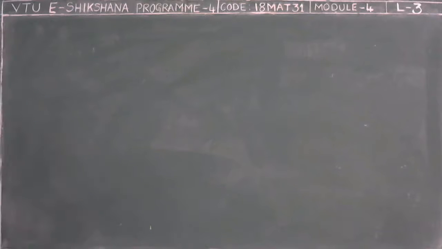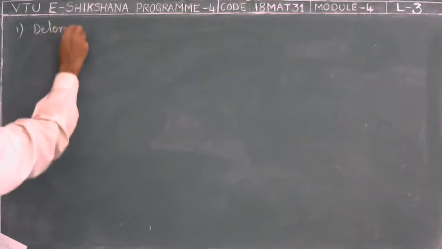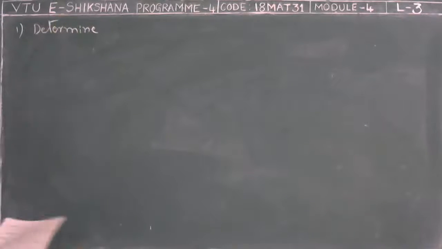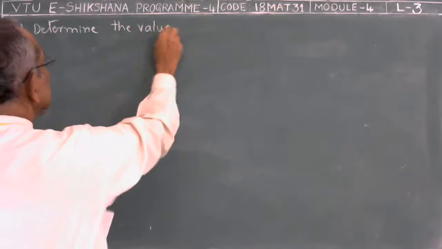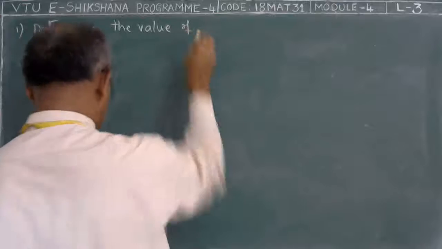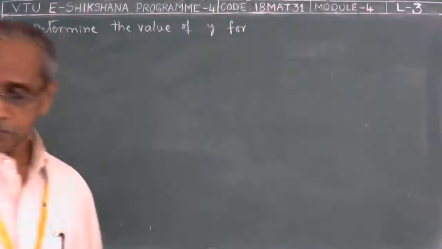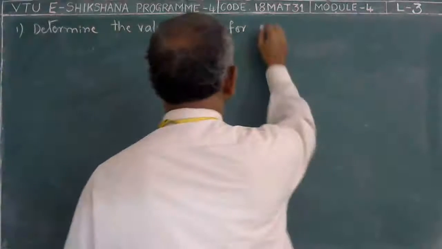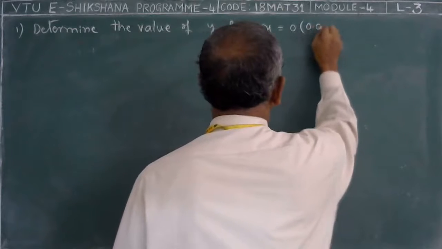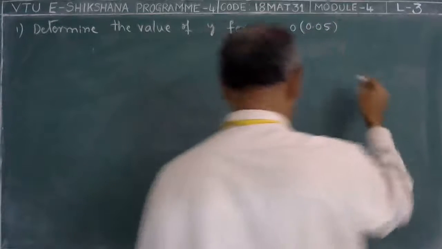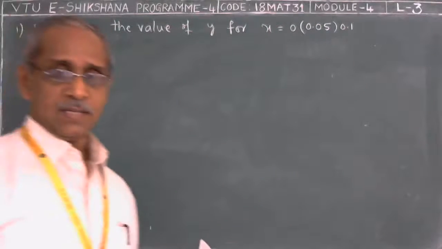Problem 1. Determine the value of y for x equal to 0.05 up to 0.1, that is 0 to 0.1 in steps of 0.05.